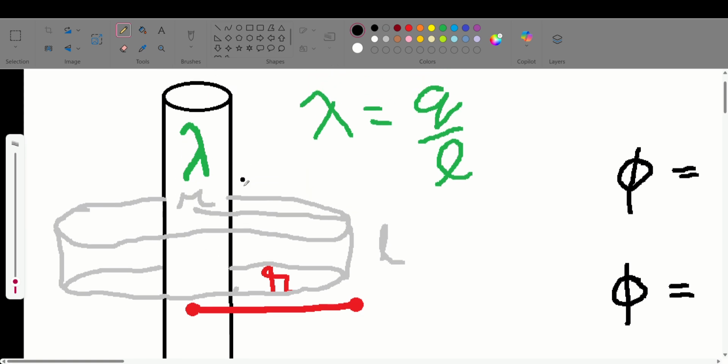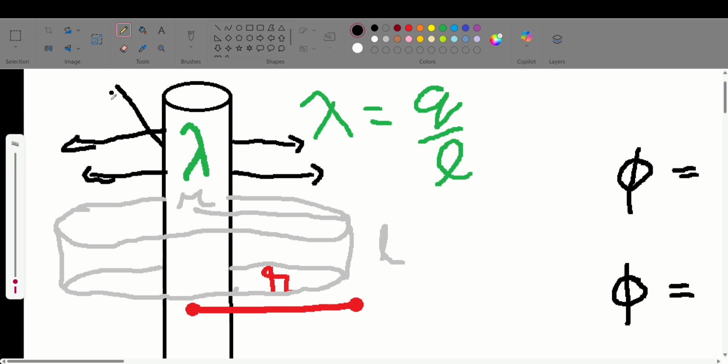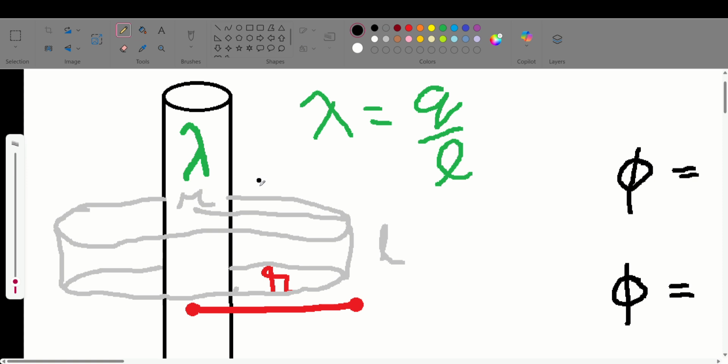Now this wire will emanate electric fields tangential to itself, by which I mean perpendicular to its surface. It won't shoot any electric fields up like that. So we just consider the curved surface area of the cylinder. We do not consider the top surface or the bottom surface.